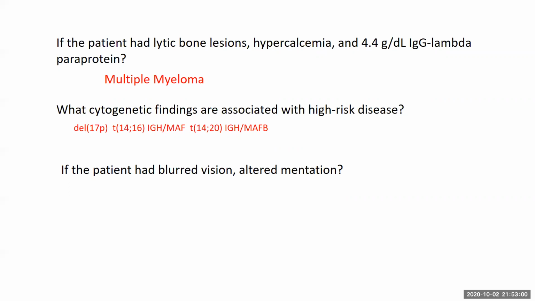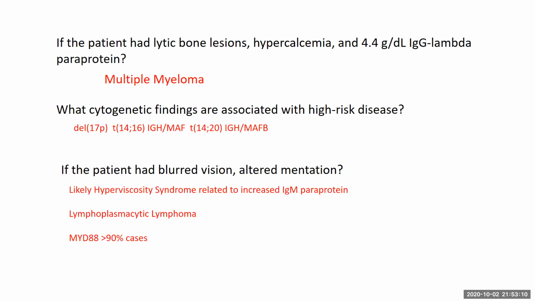So moving on to that last question there, Ben, you had already answered this question, it was LPL, lymphoplasmacytic lymphoma. So if a patient comes in with blurred vision and altered mentation, one of the things that has been described in the past is Bing-Neel syndrome.